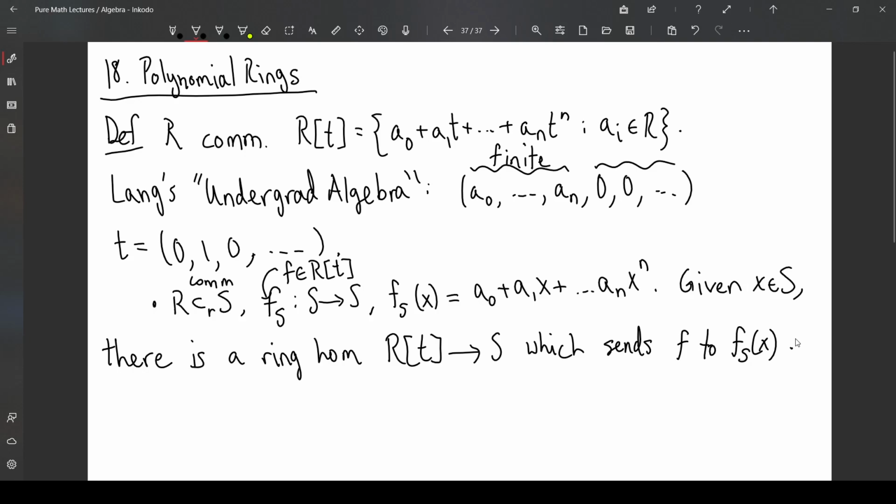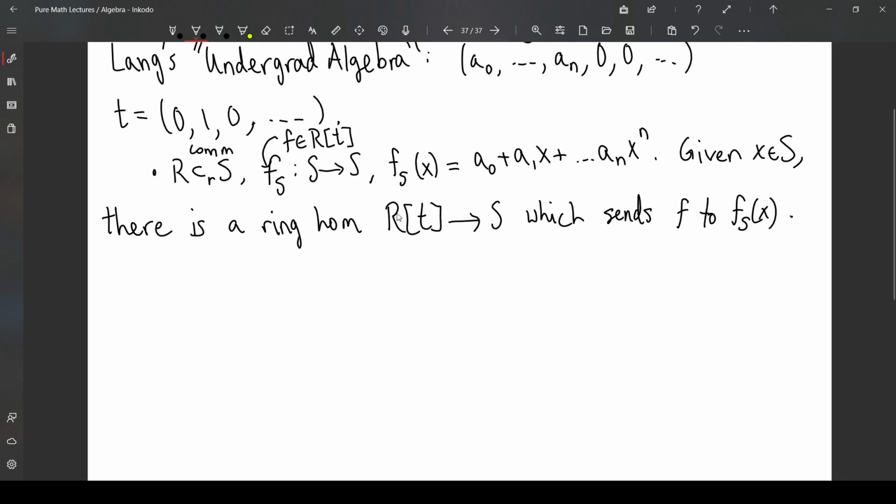And the fact that this is a ring homomorphism essentially follows from just using the ring structure of R of t, except everywhere there's a t, we are now plugging in x. So this is essentially saying that if we evaluate all the polynomials at x, of course it's going to obey the same sort of operations.